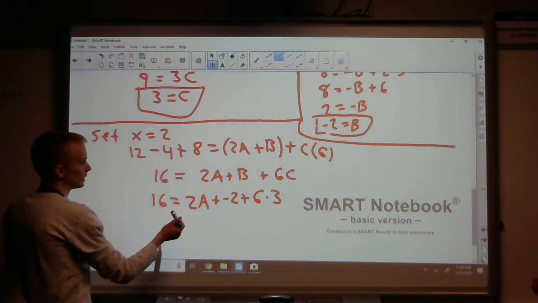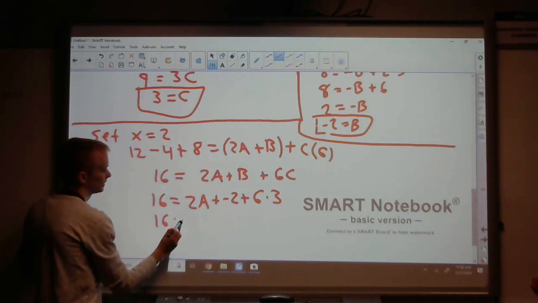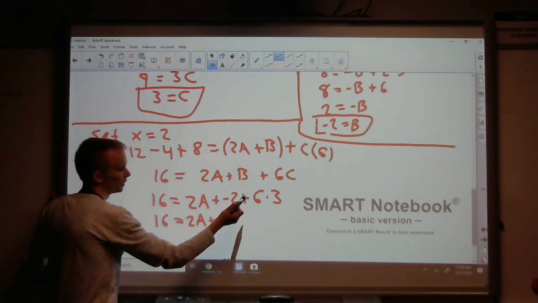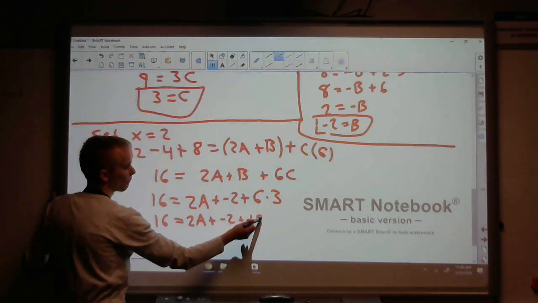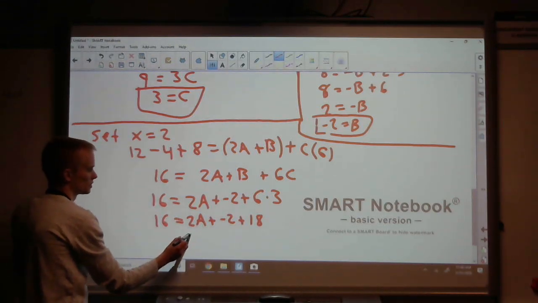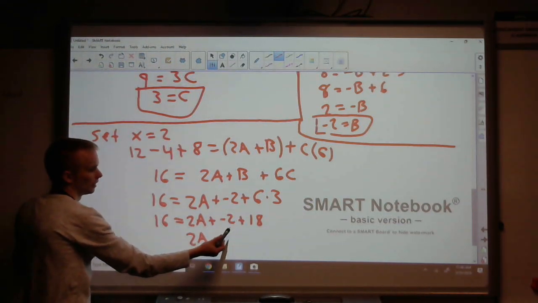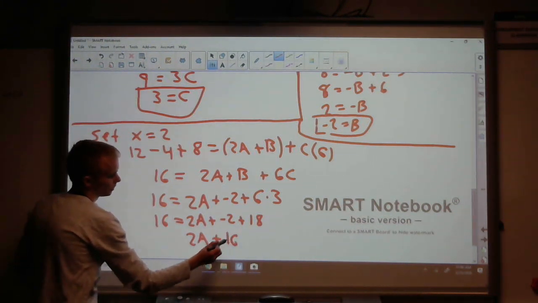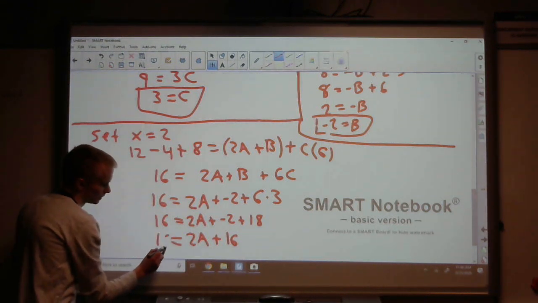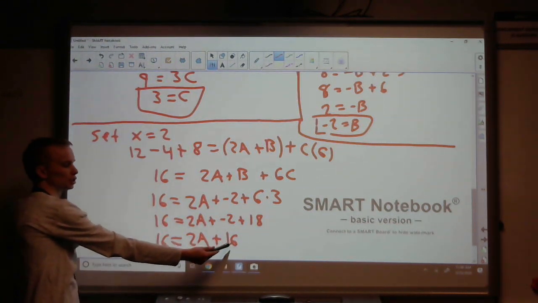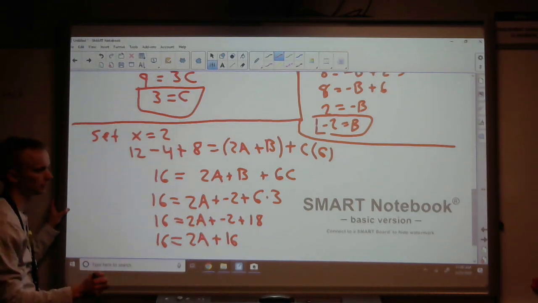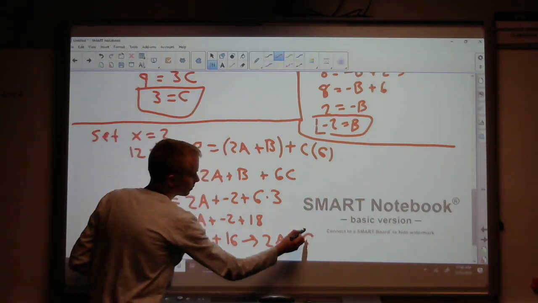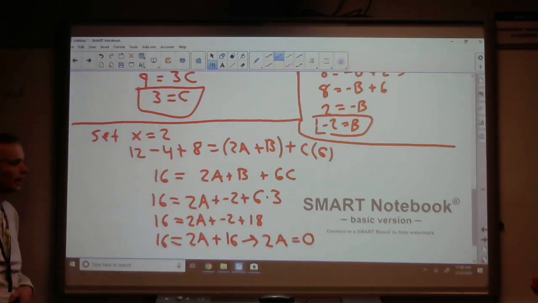Now I just simplify things. I get 16 is 2a plus -2 plus 18. So we get 2a, and then -2 plus 18 is plus 16. Now we just subtract the 16 from both sides. I get 2a is 0. So then a should be 0.